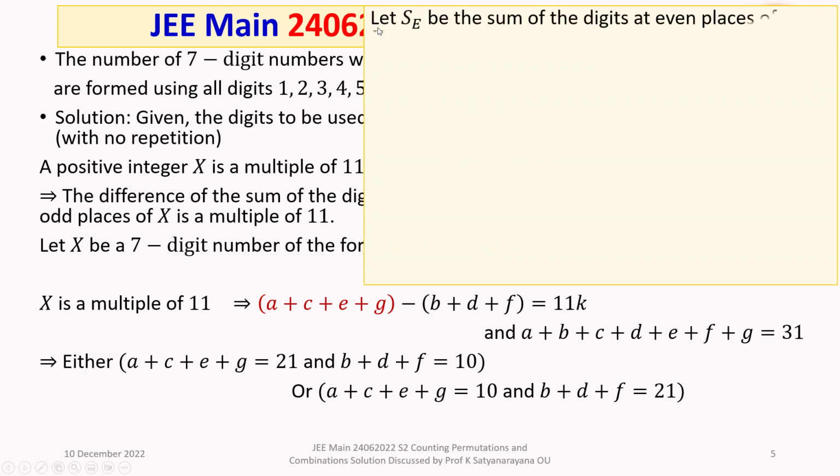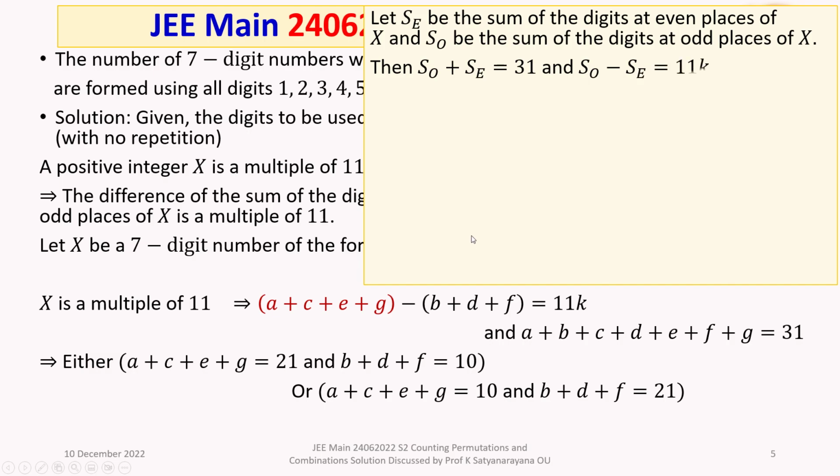Now, let SE be the sum of the digits at even places of X and SO be the sum of the digits at odd places of X. Then SO plus SE is 31, and SO minus SE is 11k.